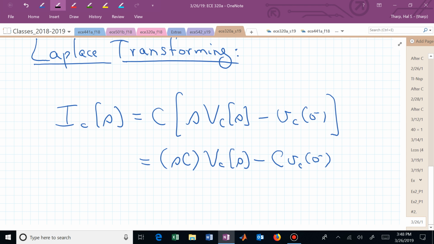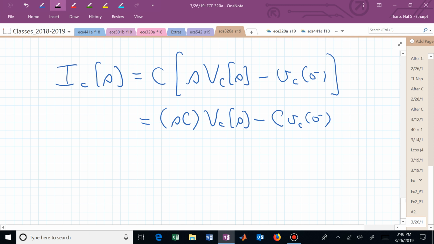And now, since we were writing this in terms of mesh analysis, we want to essentially relate the voltage across that capacitor in terms of the current and the initial conditions. Let's now isolate the Laplace transform of that capacitor's voltage, which means divide every term by sC and add that initial condition to the other side, and I'm going to go ahead and move the capital V sub C of s to the left.